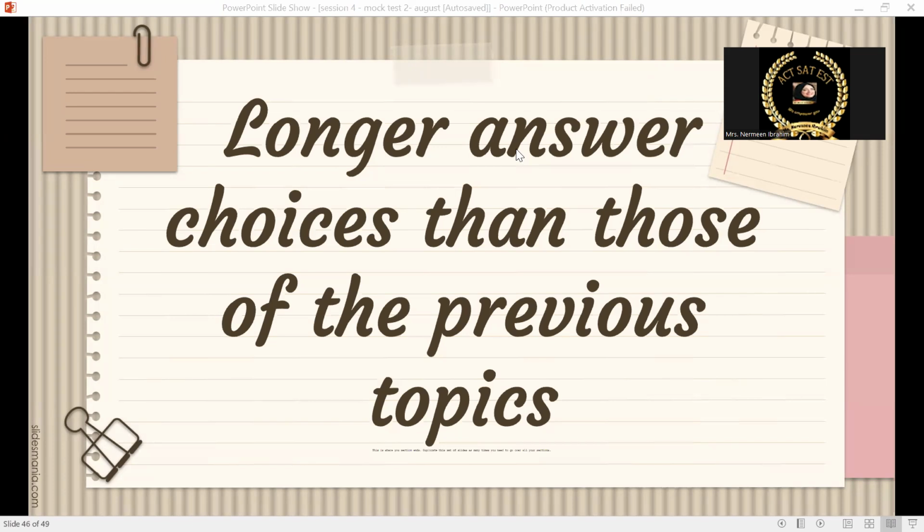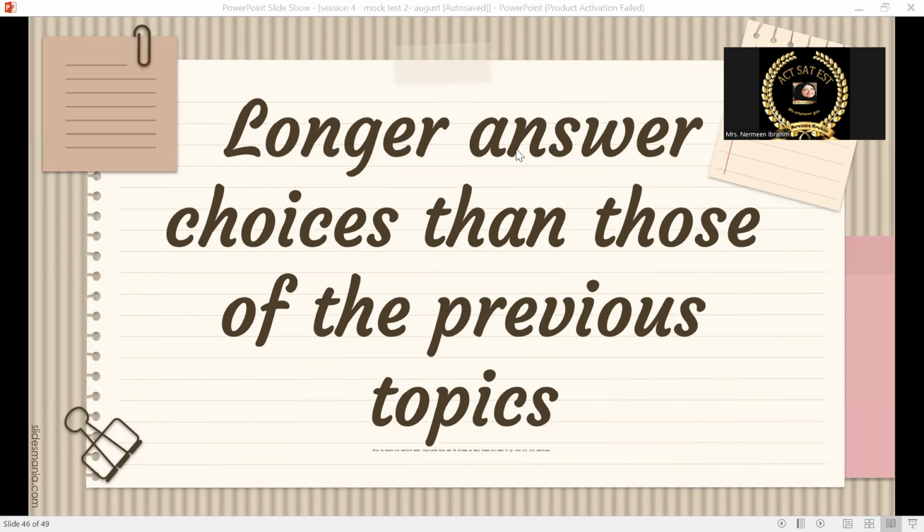As you have just seen, the answer choices of subject-verb agreement, verb tense, and finite and non-finite were short. They had two word choices or one word choice, one word in each choice. You might find one verb, one word acting like a verb, or a verb phrase containing two words.